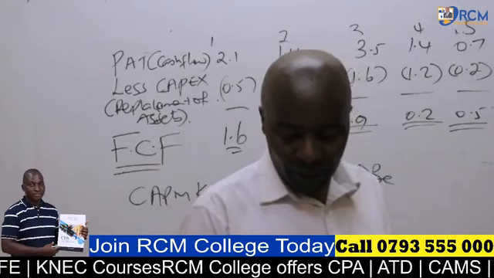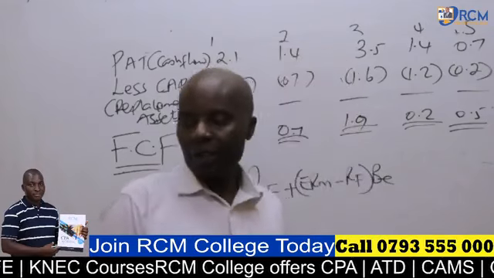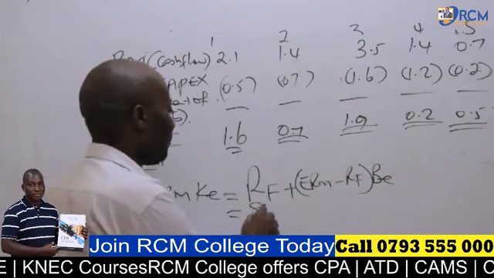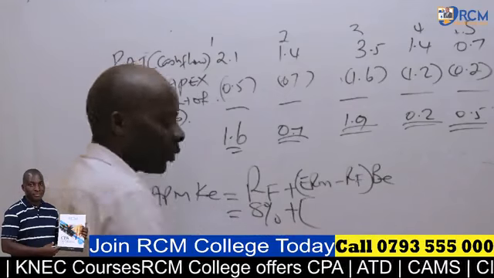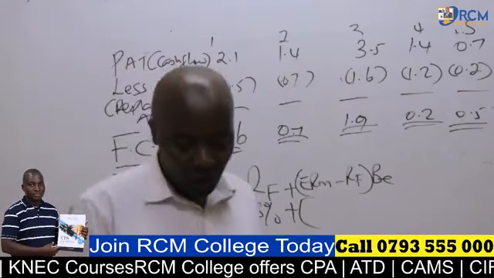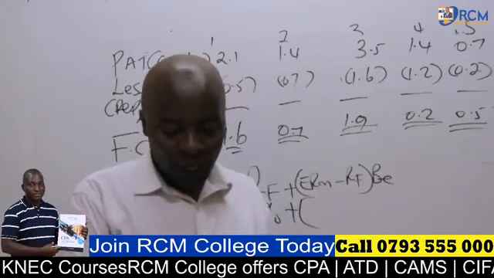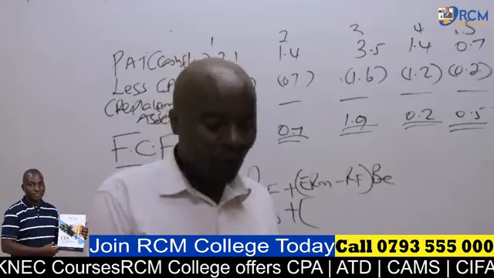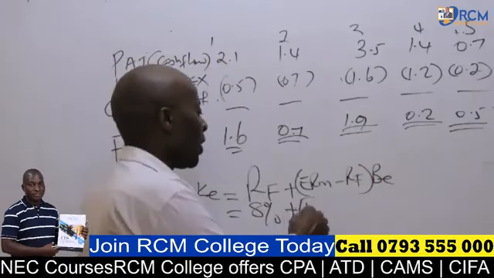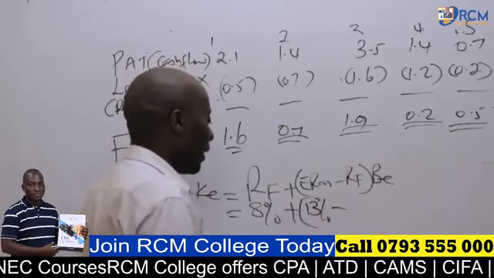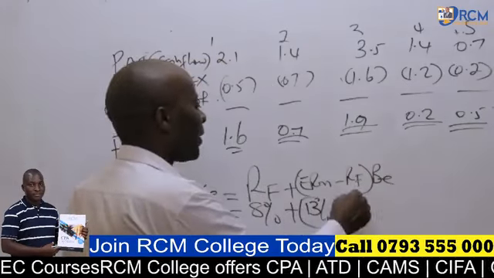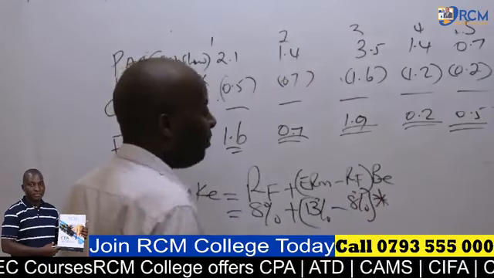They told us the risk-free is 8%. Market returns also have been given to us in note number 2. Expected return of the market portfolio is 13%. So we have here 13% minus risk-free, which is 8%, multiplied by beta equity.